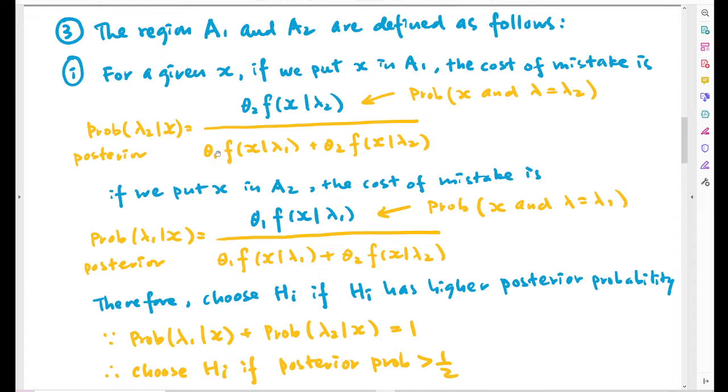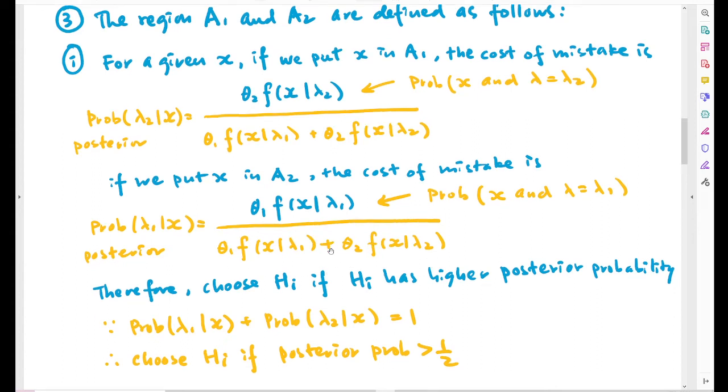Now we try to express everything in terms of posterior probability. So now let's consider the orange color words. Let us divide these two probabilities by the marginal probability, the same term in the denominator.